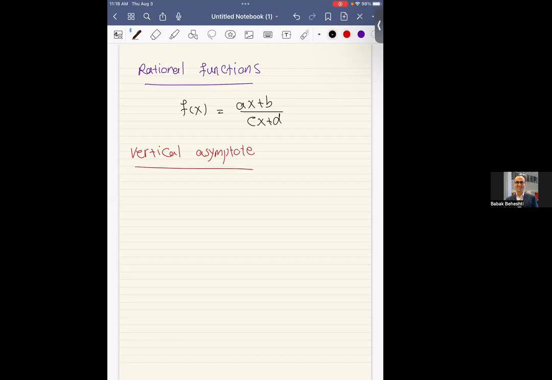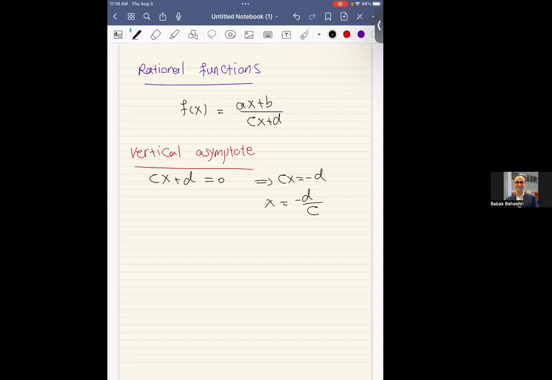So for finding the vertical asymptote, you have to set the denominator equal to 0. So that means when cx plus d is 0, where c, d, a, b can be any number. So what I'm doing is a very general form. So cx plus d equal to 0, then it follows that cx equal to minus d, therefore x equal to minus d over c.